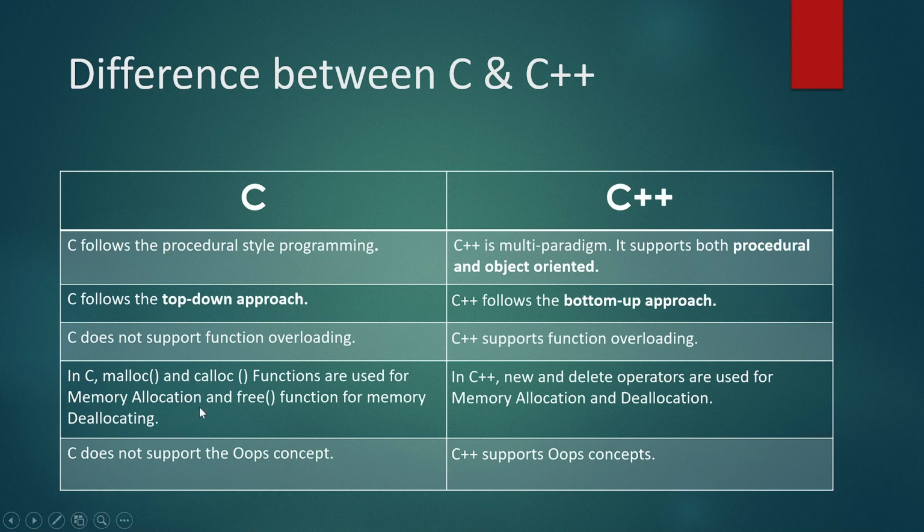However, we can use these functions in C++ also, but these operators contain new features and are faster. So we use these. C does not support the OOPS concept and C++ supports the OOPS concept containing classes and objects, and many more features we will learn in future videos.